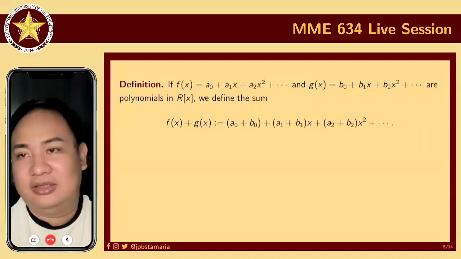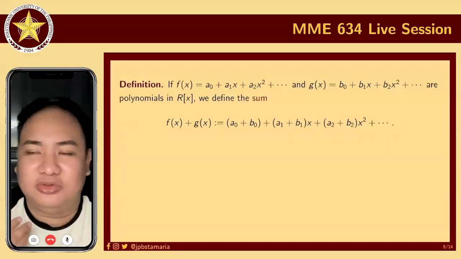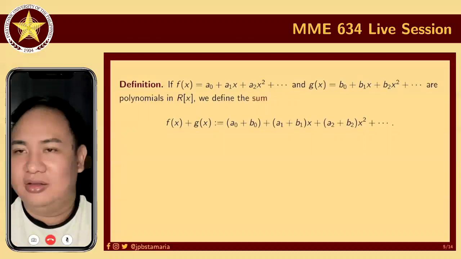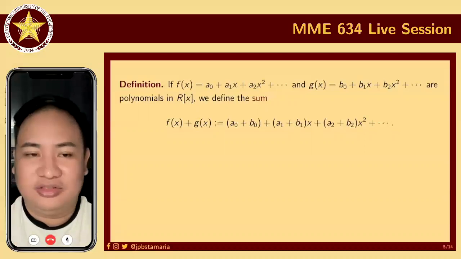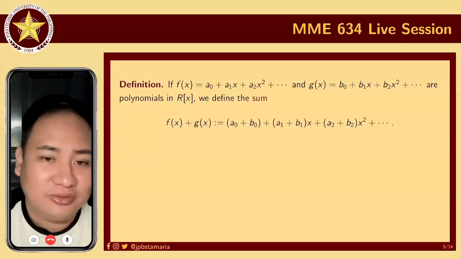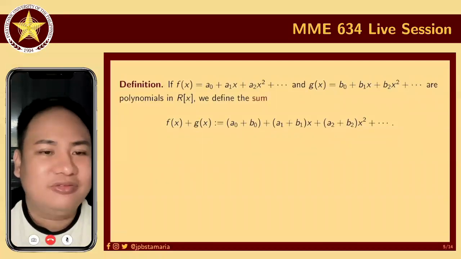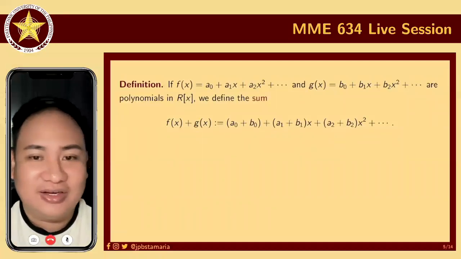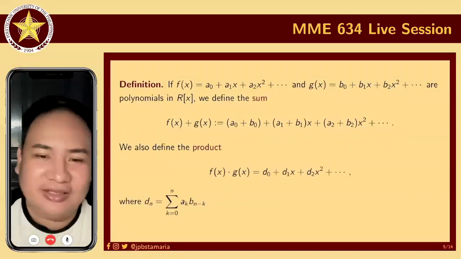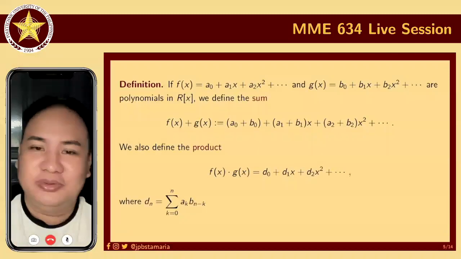But in higher mathematics, we tend to choose the deductive form of teaching. Kaya kailangan meron muna tayong general na definition. Paano natin i-define yan generally? This is quite complicated, but let me show you.